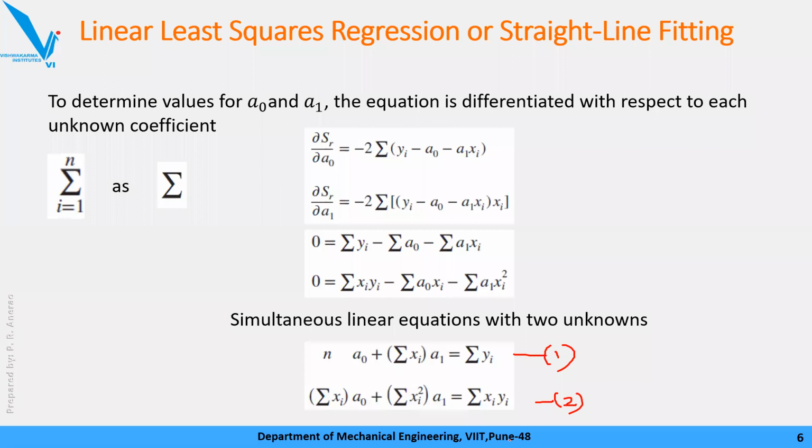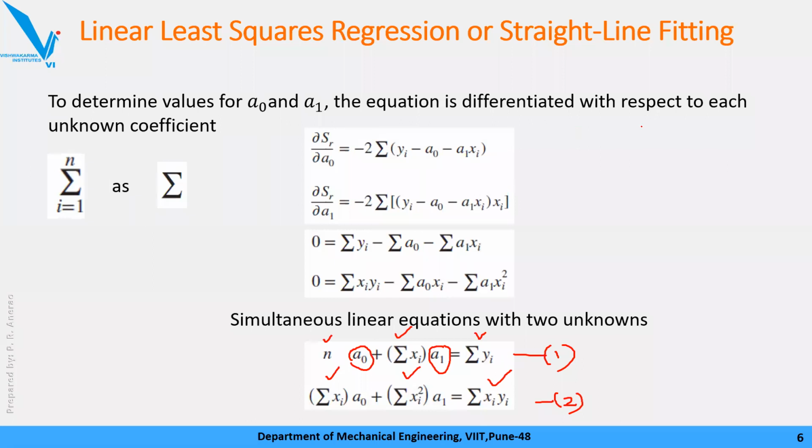Okay, if you have data for the coefficients n, summation of x, summation of y, summation of x square, summation of x into y, you can enter the data into your calculator and get the values of a0 and a1, and that is the aim of our curve fitting part.